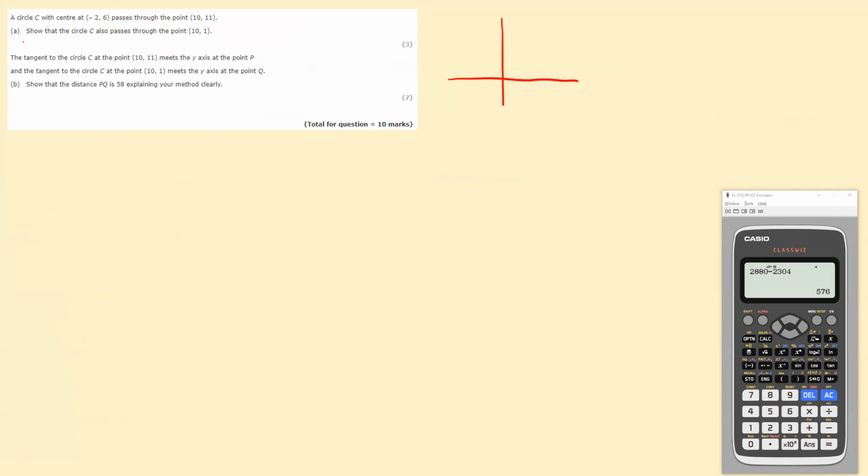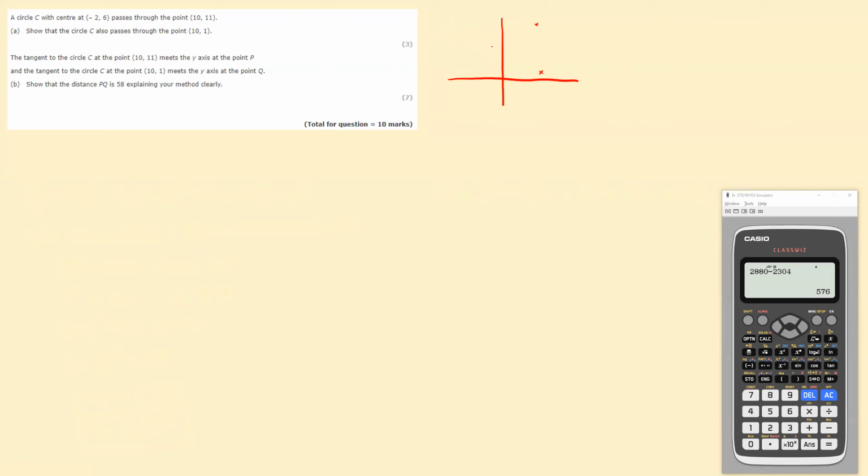We're asked to show that the circle C also passes through the point (10, 1). So let's imagine here's (10, 1) and here's (10, 11). The center is (-2, 6). So if 1's there and 11's there, let's go with 6 being somewhere around here.